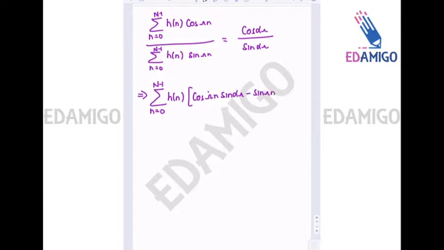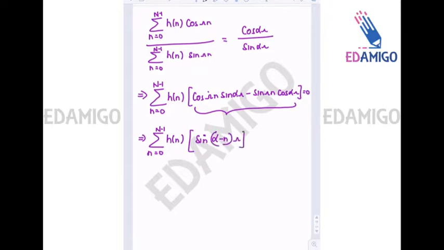This will become a sine term, so this will become summation h[n] sine of (α minus n) into ω is equal to 0.